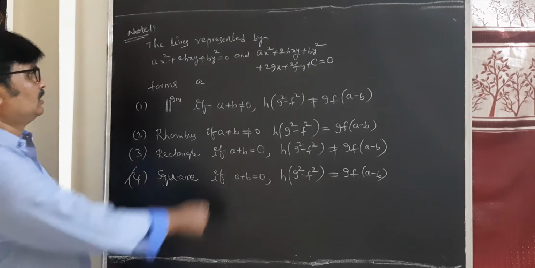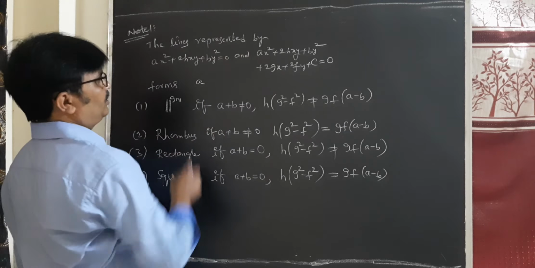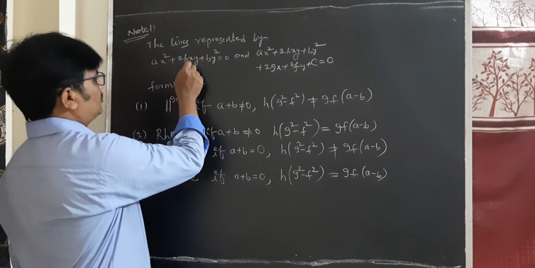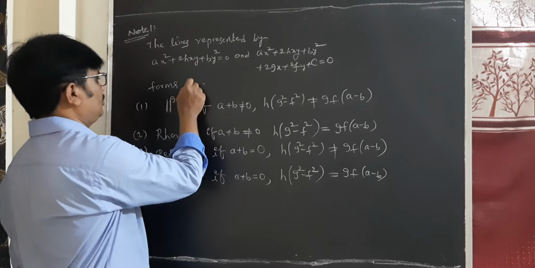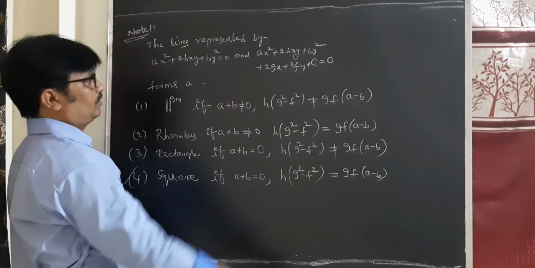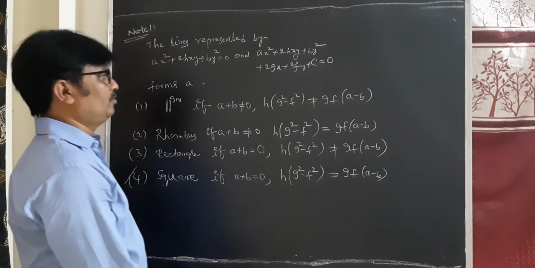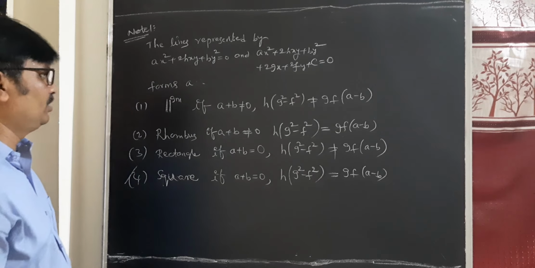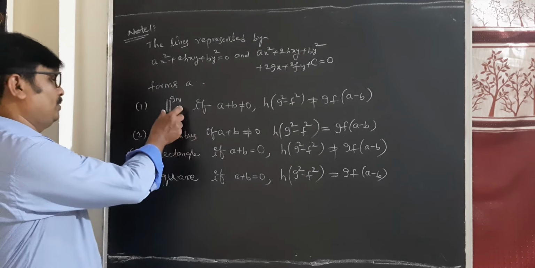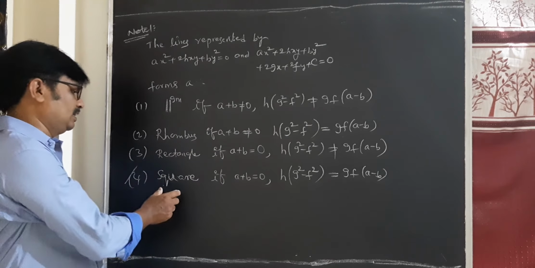Okay students, the lines represented by the equations ax square plus 2hxy plus by square equal to 0 and ax square plus 2hxy plus by square plus 2gx plus 2fy plus c equal to 0 form a parallelogram, rhombus, rectangle and square.